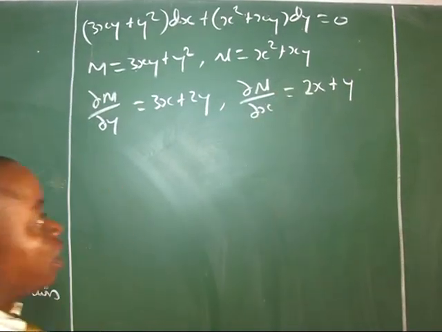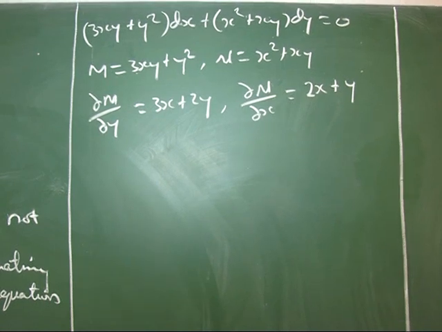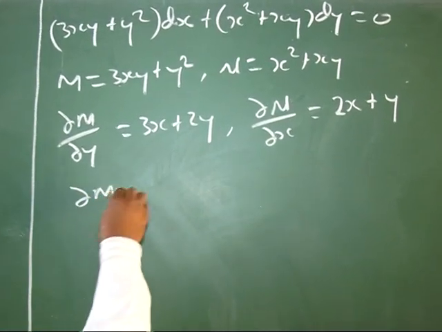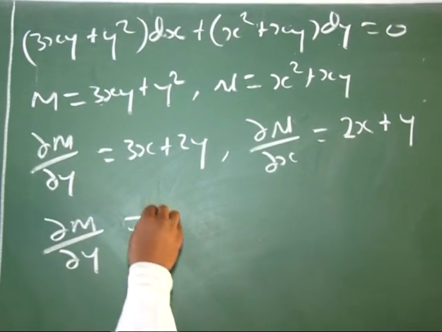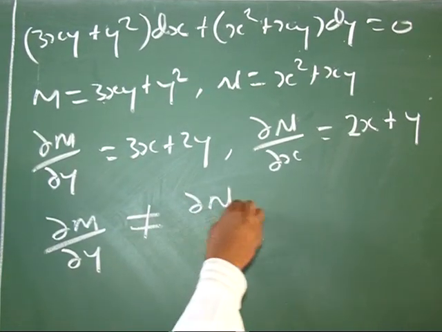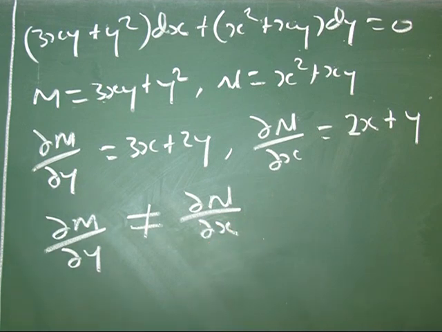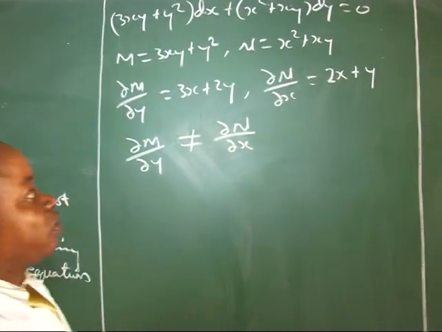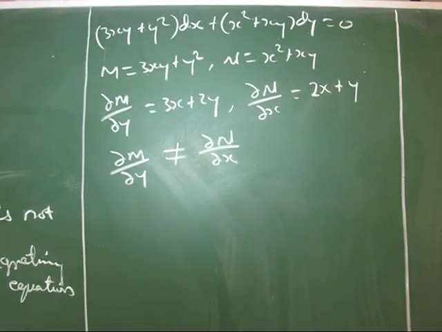Differentiate this, you have 1. And we see that partial N, partial y is not equal to partial N, partial x. So we have been able to show that this equation is not exact because partial N, partial y is not equal to partial N, partial x.